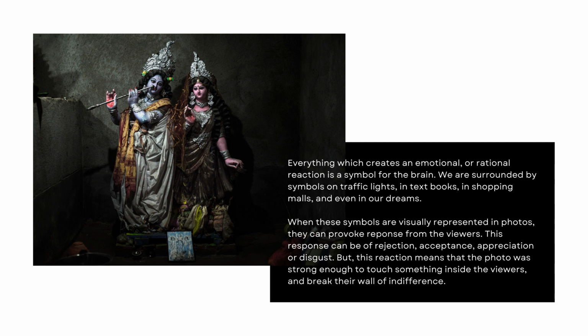In fact, as human beings, we grow with symbols since we are born. Anything that creates an emotional or a rational response in your brain or in your heart is a symbol. We are surrounded by symbols. On a traffic light, we stop when it's red, we go when it's green. That's because red and green are symbols to our brain, and they send signals far more important than just the color.